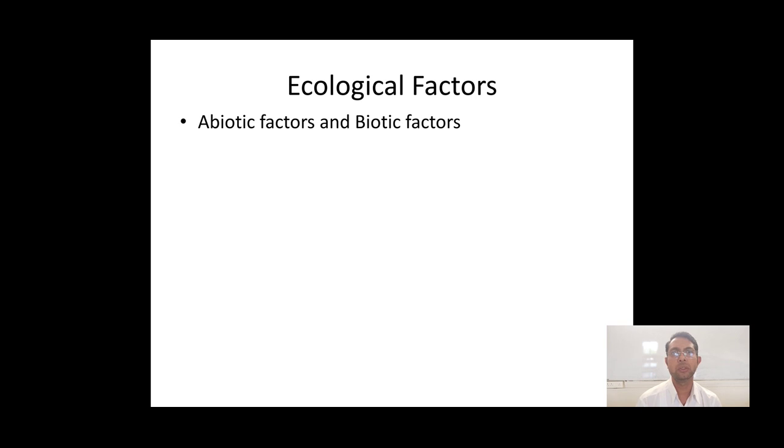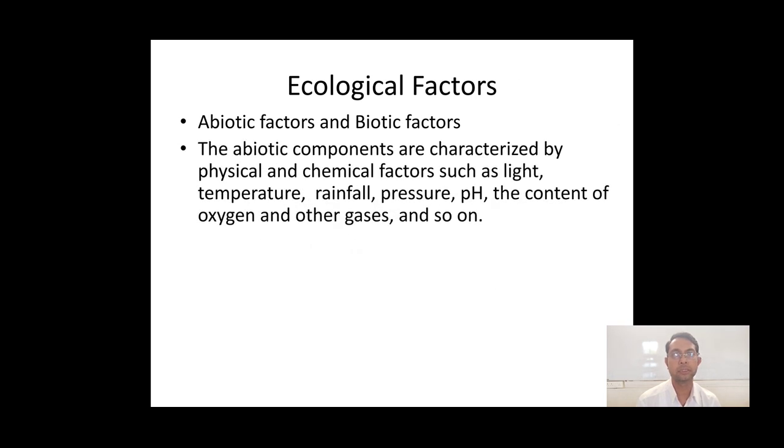Moving to the ecological factors, there are two types of factors. One is known as abiotic factor and another is known as biotic factor. The abiotic components are characterized by physical and chemical factors such as light, temperature, rainfall, pressure, pH, the content of oxygen and different gases.